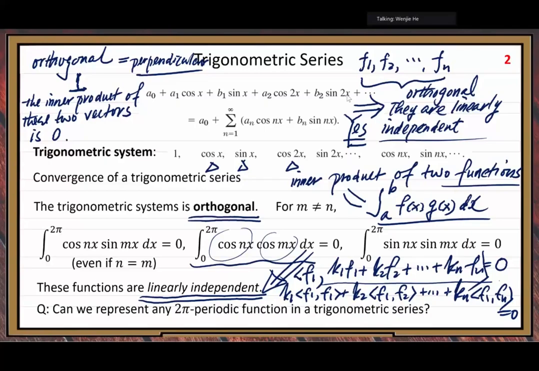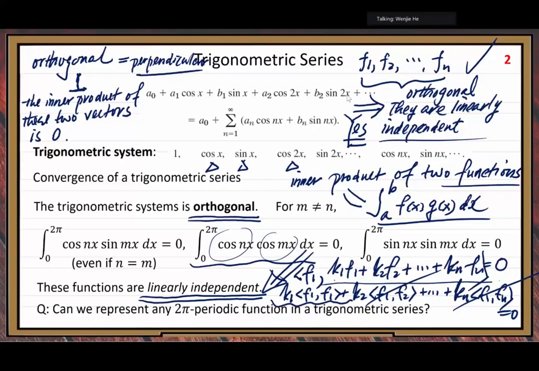But we know they are orthogonal, right? It is known these functions are orthogonal. What does it mean? The inner product between two different functions must be 0, right? <f1, f2> is 0. All the terms, the inner product between two different functions, must be 0. So all the terms vanish, but only the first one is non-zero.